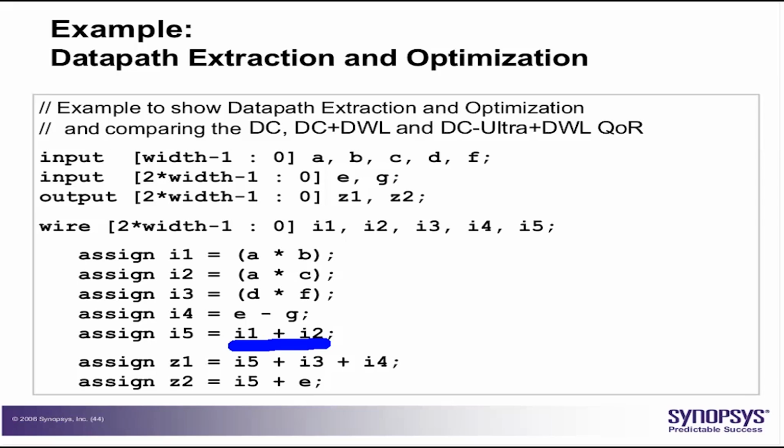Right? So it would be a very good idea to code some. In fact, the last example we did in lab 4 has examples of data path operations. Implement simple ALU. You could use that to experiment more and see how DC extracts the data path and the optimization. You can also compare the implementation reports between compile and compile ultra, and you will see that compile ultra is doing a much more sophisticated job with it.